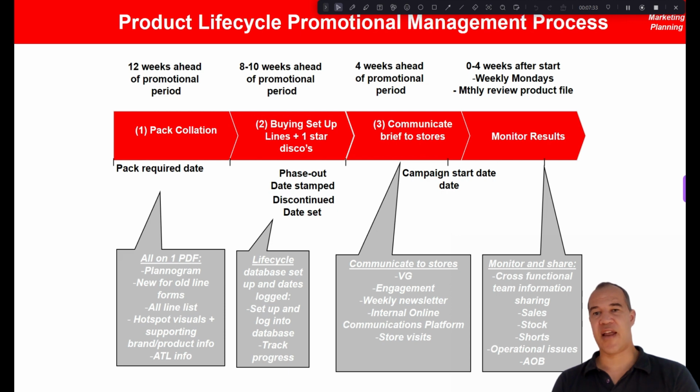Also to understand on what platforms you want to run that promotion, and do you want the level of promotional discount or communication to be consistent across all of your sales platforms or slightly different. So these are all sorts of things where a product lifecycle promotional process comes in.